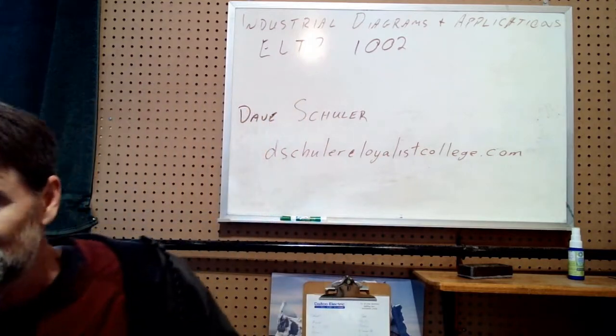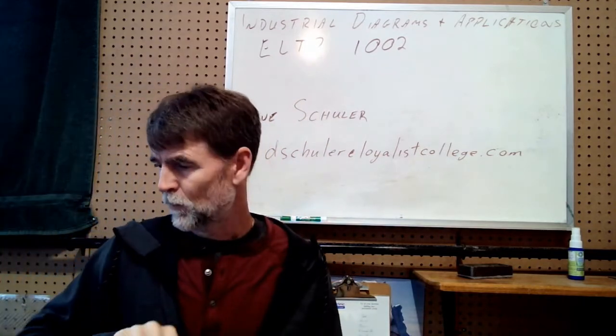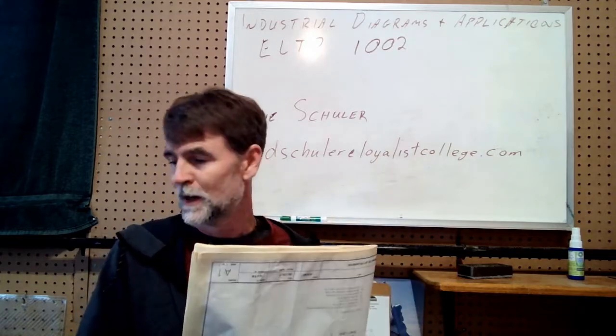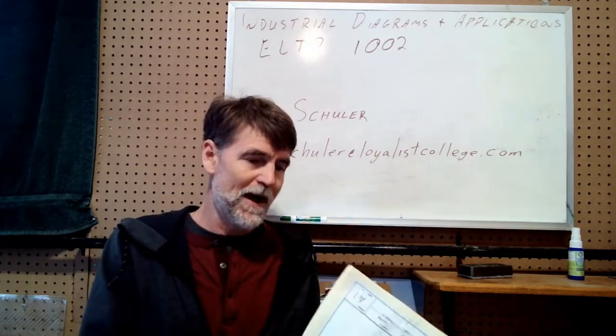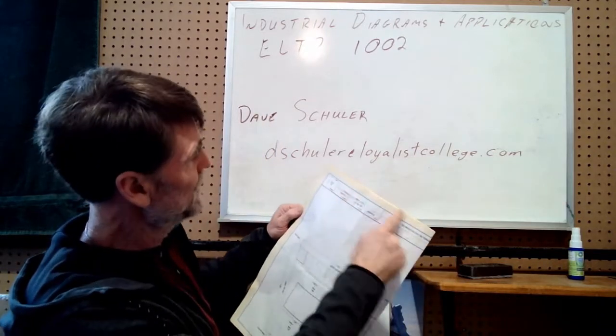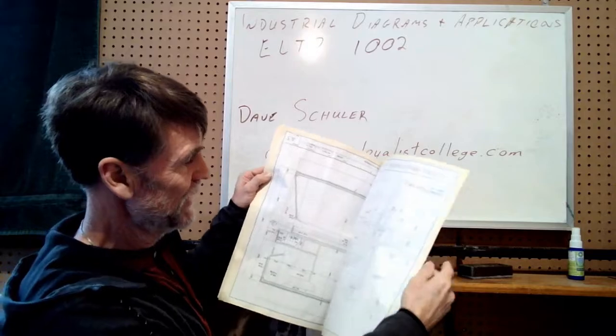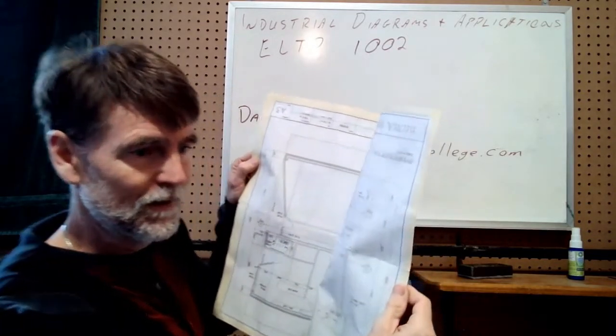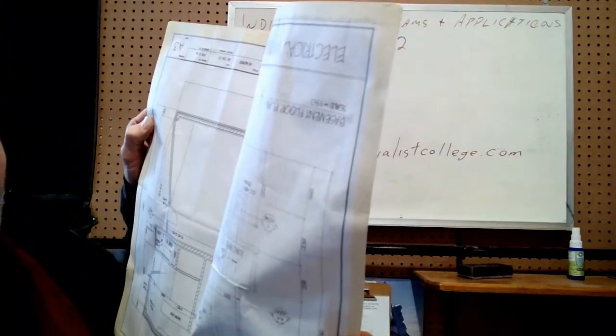Another one, if you want to take the time, and this is what I did with the second term of the course when we moved on to the commercial prints, is I actually bundled them all together. What I've done here is I've taken masking tape and put masking tape all the way around the edges just to ensure that it's not so likely to get ripped.